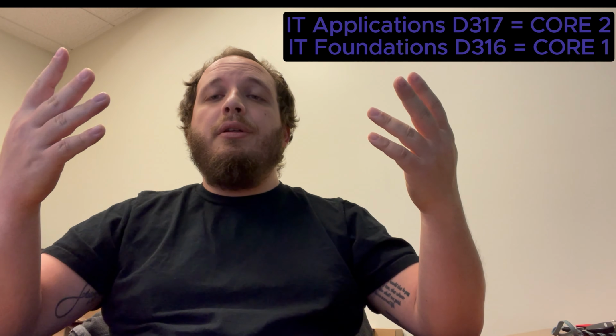You can move on to D316. Once you have D316 done, then you take core 1 through D316 IT Foundations. You'll be done with the class if you pass that exam, and with core 1 and core 2 completed, you will get shipped out a certificate so you can put it on your wall. You have your A+ certificate, and that's great, amazing.